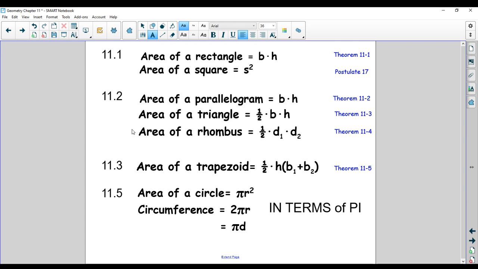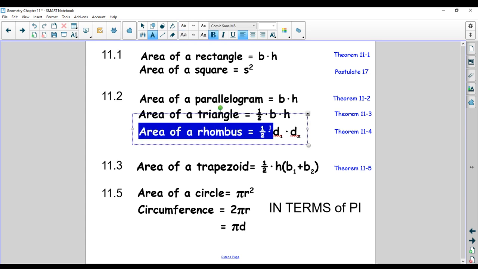The only one that I think you might not know or have seen before is the area of a rhombus. The area of a rhombus is the formula half of diagonal 1 times diagonal 2. So it's just multiplying those three things together. Those are all formed by using the idea of right triangles, because we know the diagonals of a rhombus are perpendicular.